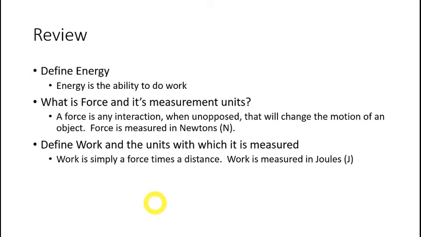That force, the gravity, and the distance, the shelf, multiplied together will give us our work component, which is joules. And because it's an SI unit, the force would be measured in newtons, and the distance would be measured in meters, and you multiply those together, you get newton meters, which joules are measured in.